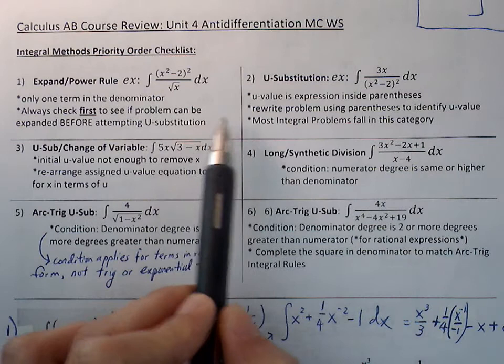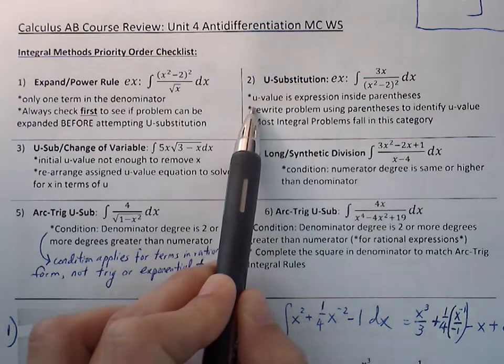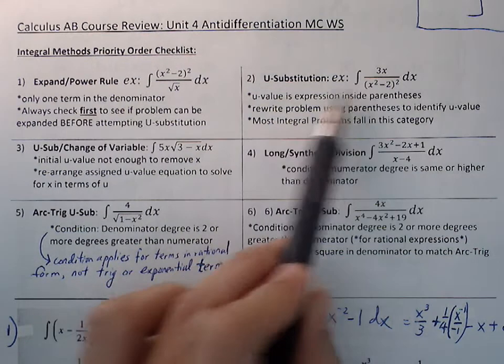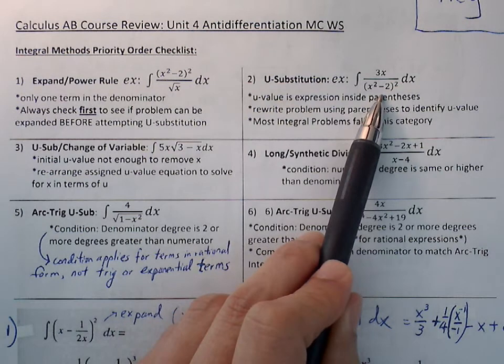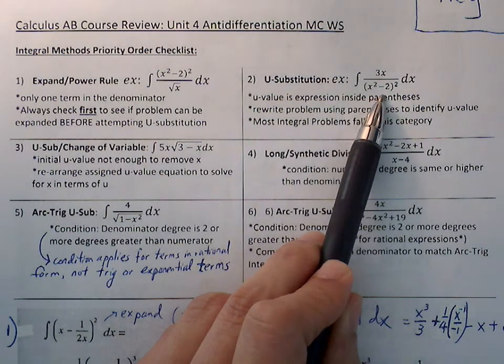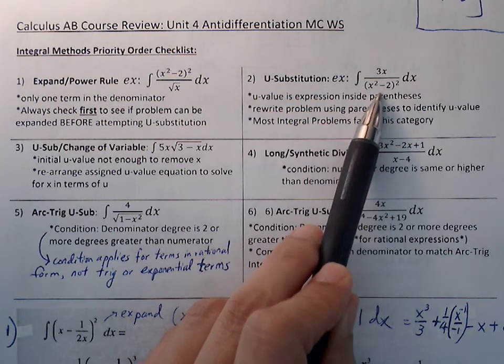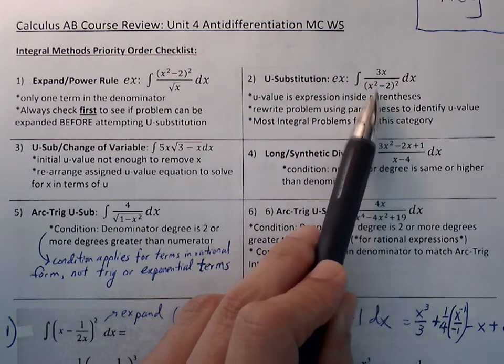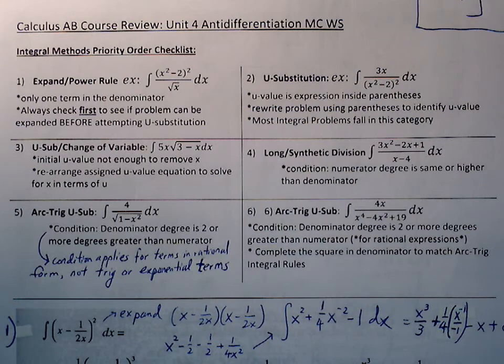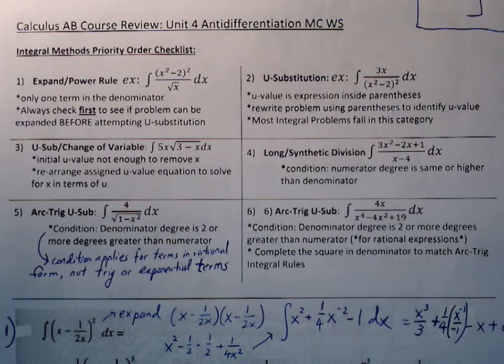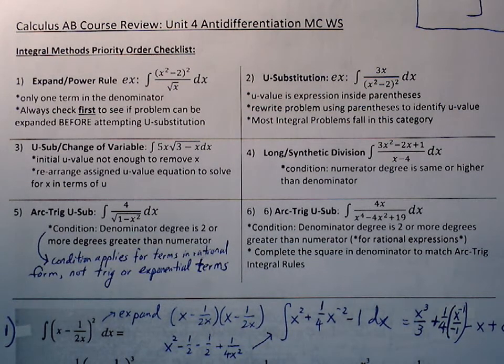The second option is going to be u-substitution. U-substitution is where we have a problem that's too complex, where algebraically it's not possible for us to expand, like if we have multiple terms in the denominator. That's going to cause us to look for ways to simplify the problem using u-substitution.